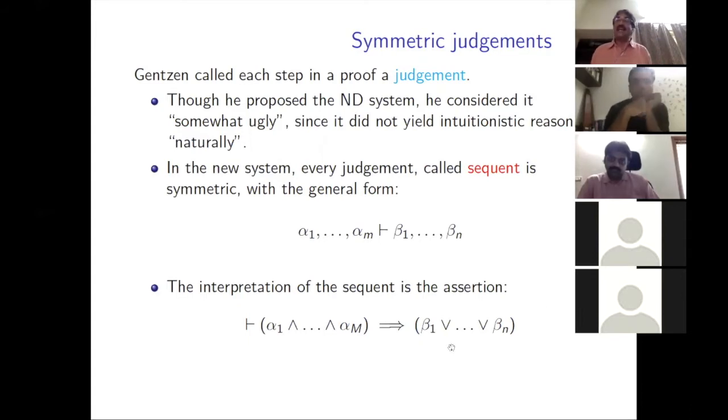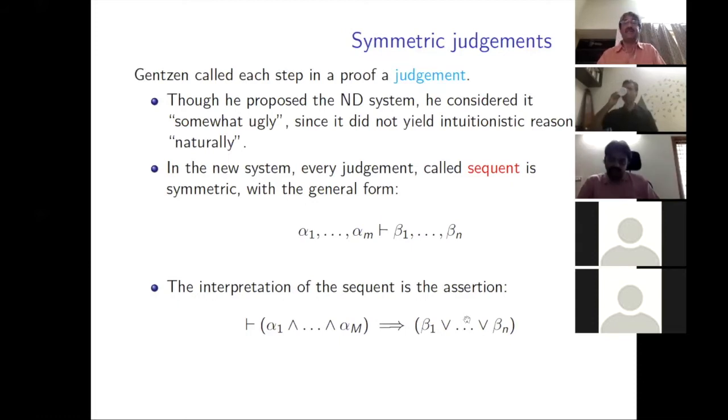What you're saying is that if I assume that alpha 1 through alpha n hold, then I can derive beta 1, I can derive beta 2. So the disjunction of all of them is something like that. So this is the fundamental idea of a sequent.